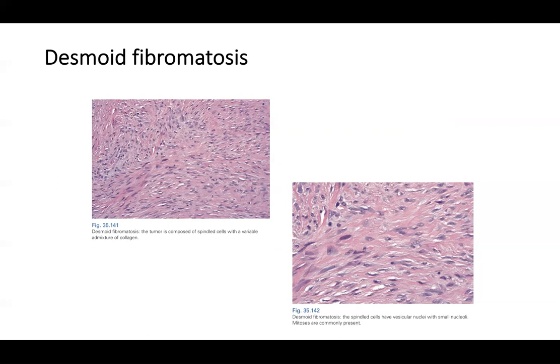You can see this vesicular staining pattern within the nuclei, but they have small nucleoli usually. And mitoses are commonly present as well.